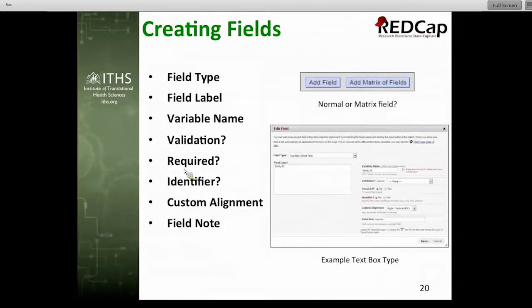If you have a multiple choice field type like checkboxes or radio buttons, it will show you a secondary field where you can add all the options in, which is handy because you have somewhere to define the options. So it changes a little bit based on what field type you're selecting.